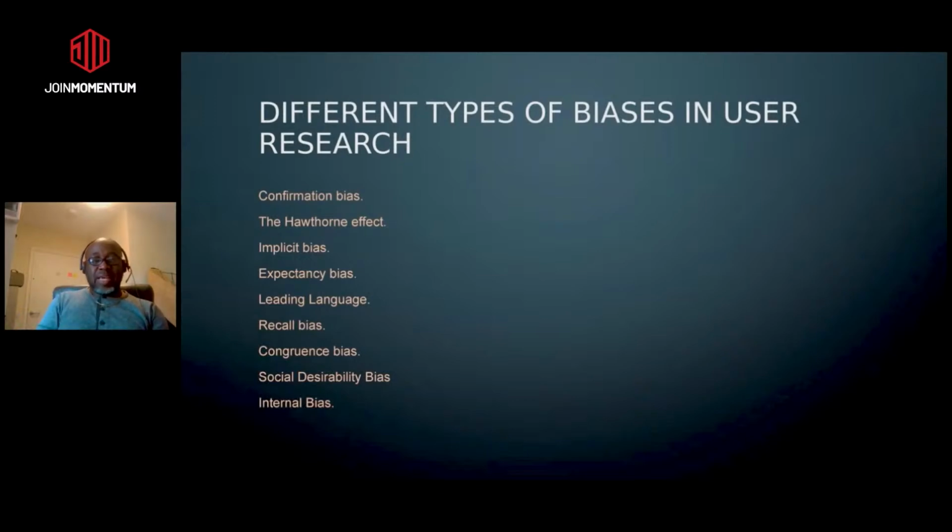And another one which I stumbled on in my study is congruence bias. This happens when a person tests a hypothesis only through direct testing rather than testing through possible alternative hypotheses. In testing, this is called the happy path.